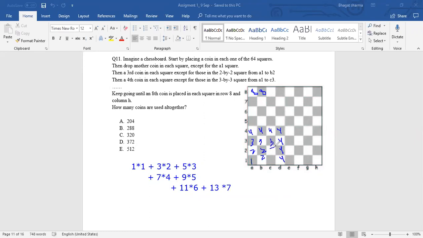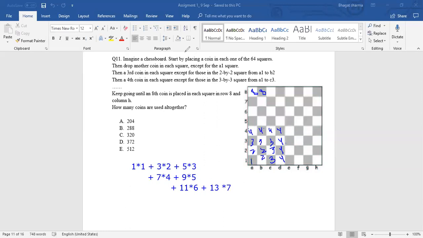Oh, wait. Yeah, 13. So 7 squares. Why is it 13? 7 squares: 1, 2, 3, 4, 5, 6, 7. 7 squares have 4 coins. Oh, I thought you were saying for the 7th row. No, I'm saying for the 4th row.